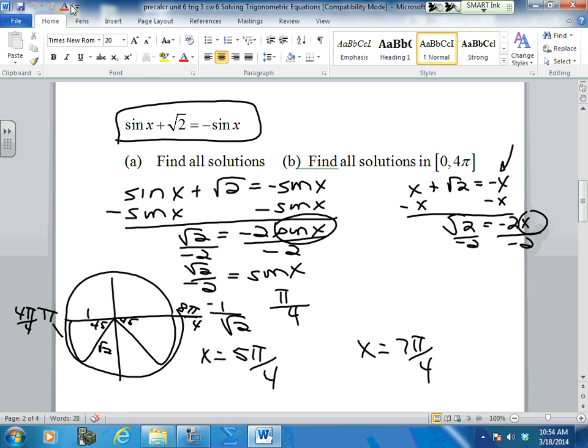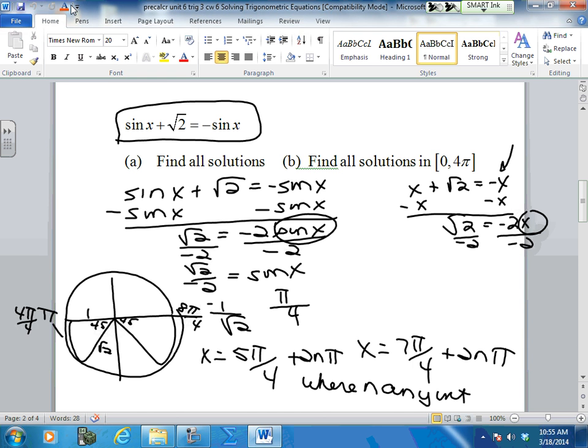Okay, so inside of my 2 pi, I have 2 solutions. Now, I want all possible solutions. So what do I add to both of them? 2n pi, where n is any integer.